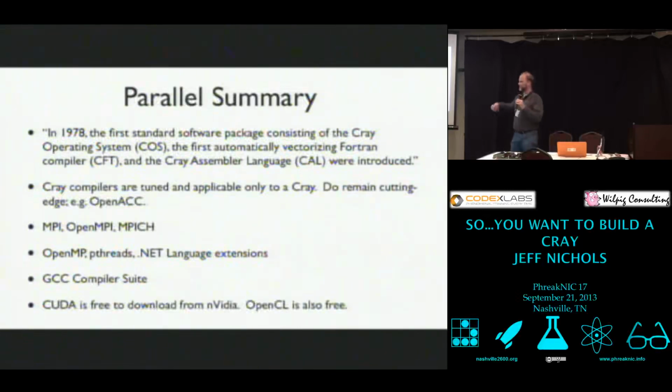Anyway, OpenMP, pthreads, and that's really where we're living in terms of our CPUs and our computers, at the thread level, and so .NET language, really Intel. Most of the industry is here dealing with threads. The other things are free, CUDA, GCC, and so on.